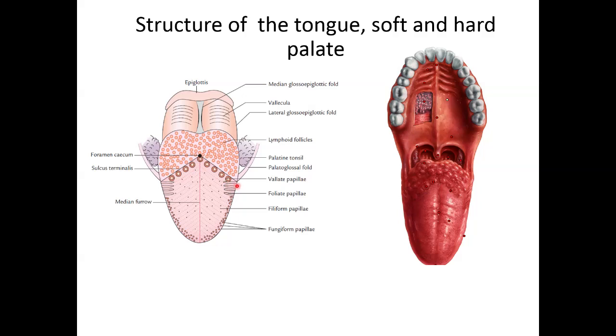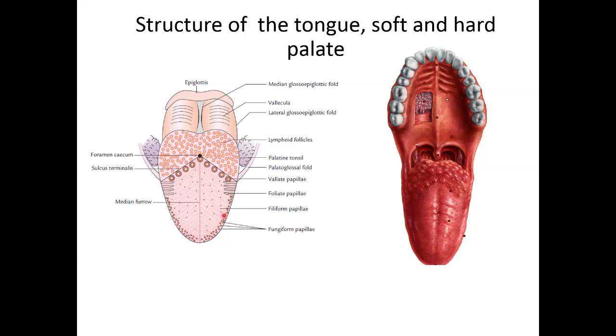Then papillae fungiformes. Here there are numerous papillae which are here in the anterior surface of the corpus linguae. All these fungiform papillae. And last type of tongue papillae are papillae conicae.